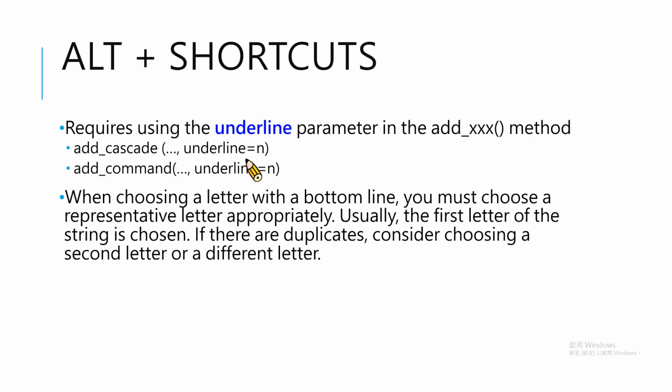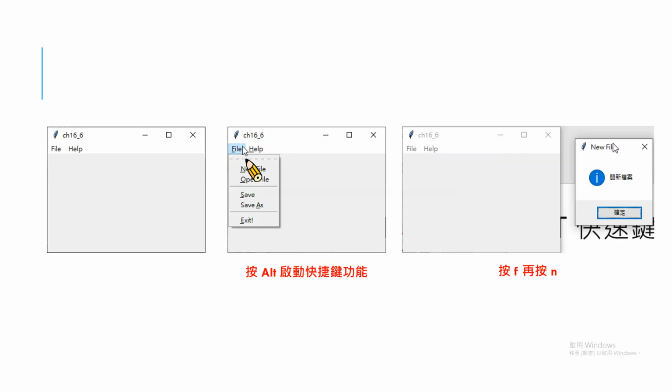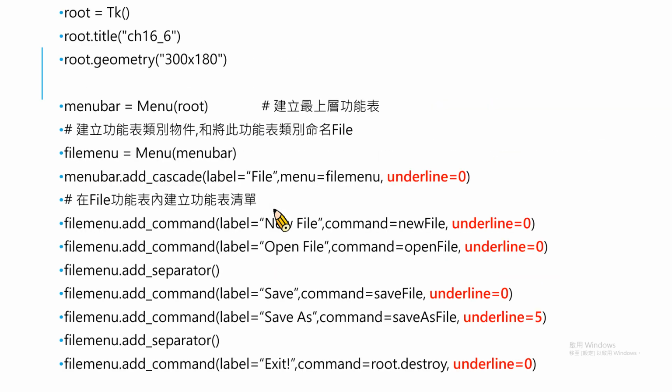So for example, this is the shortcut key F for opening the file menu. So we have here.